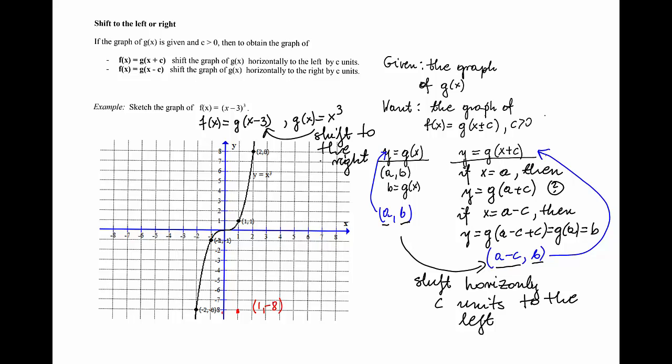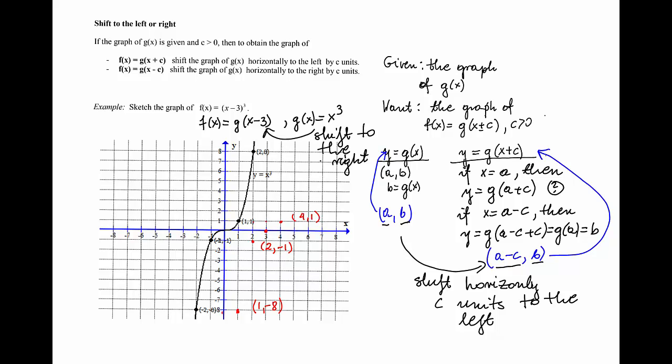The point (negative 1, negative 1) moved 3 units to the right will result in the point (2, negative 1). Point (0, 0) moved to the right by 3 units will end up at the point (3, 0). Point (1, 1) moved 3 units to the right will be at the point (4, 1).